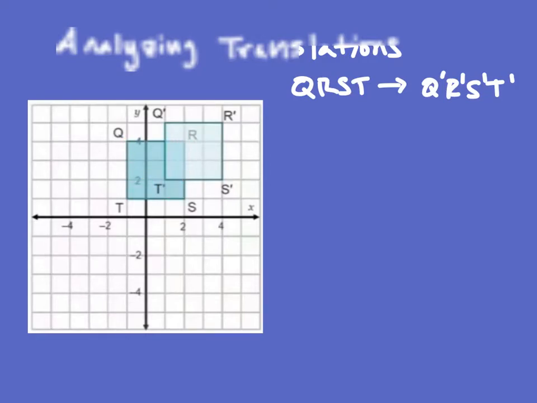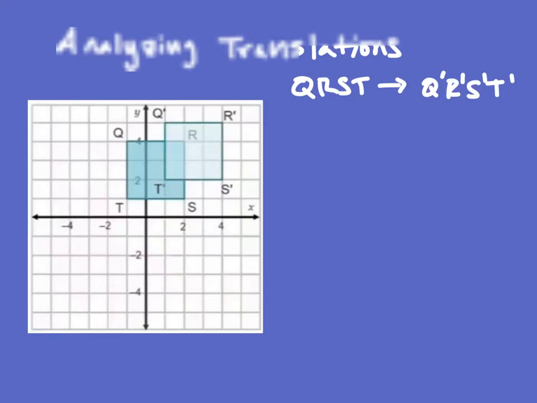I can tell that this is a translation because of the orientation. Notice how point Q is in the top left, and Q prime is in the top left. Notice how point T is in the bottom left and T prime is in the bottom left of this figure. So all the points correspond, and each point is just translated over in this direction.